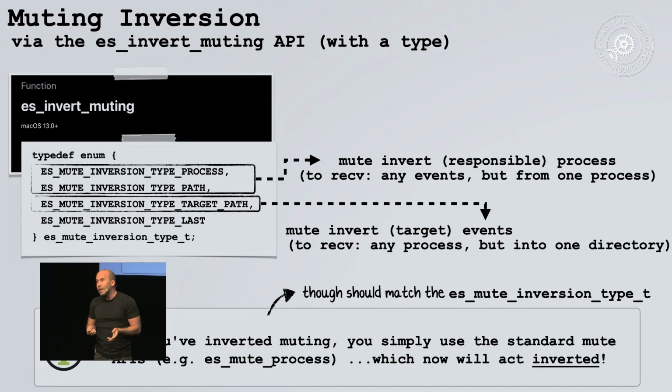And that's exactly what we can do. I'll show that in code because for me that was a little confusing: you're calling the same mute APIs, but now instead of muting, they're doing mute inversion. So it all starts with this ESInvertMuting API, and again, there are different types. We can see there are types for if you want to invert muting for the process or the path.